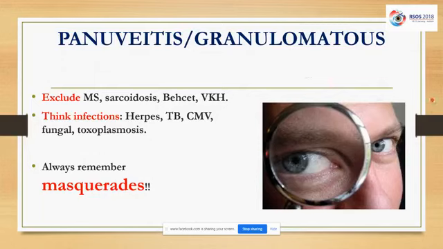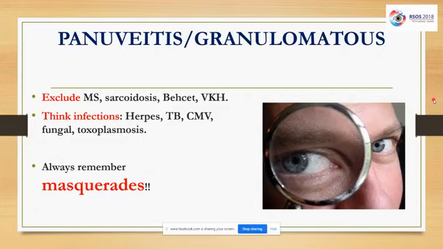So uveitis mainly can be caused by granulomatous inflammation like sarcoidosis, and some other entities of the pathology can be involved, like, as we mentioned, multiple sclerosis, and the vitreous element here with intermediate uveitis is higher.